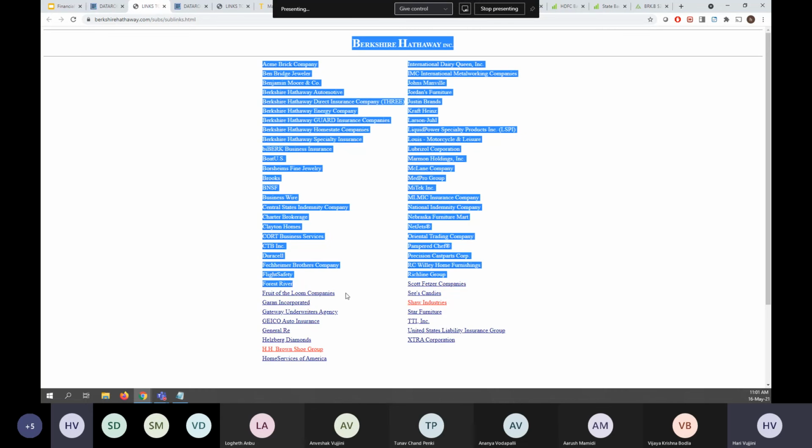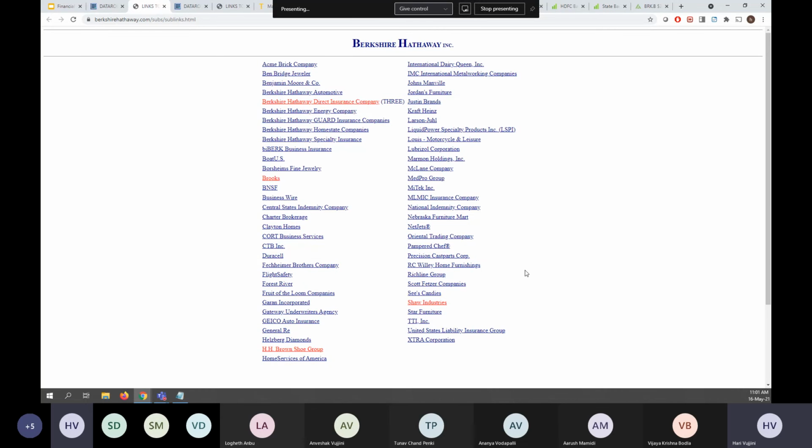They buy only if they really think it is a good company. So that's the one difference between index fund and Berkshire Hathaway. Berkshire Hathaway is handpicked by great investors within the company, whereas an index fund is driven by the market cap.